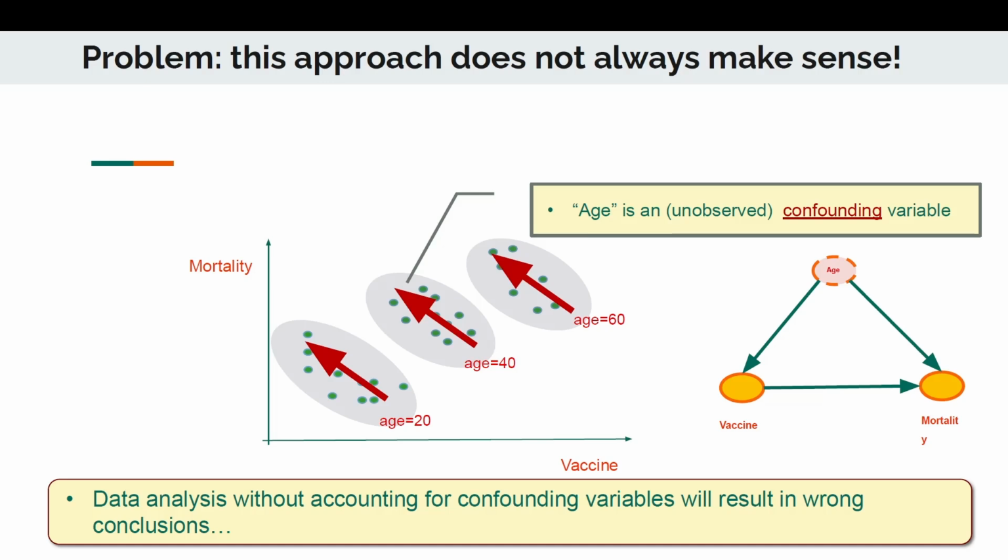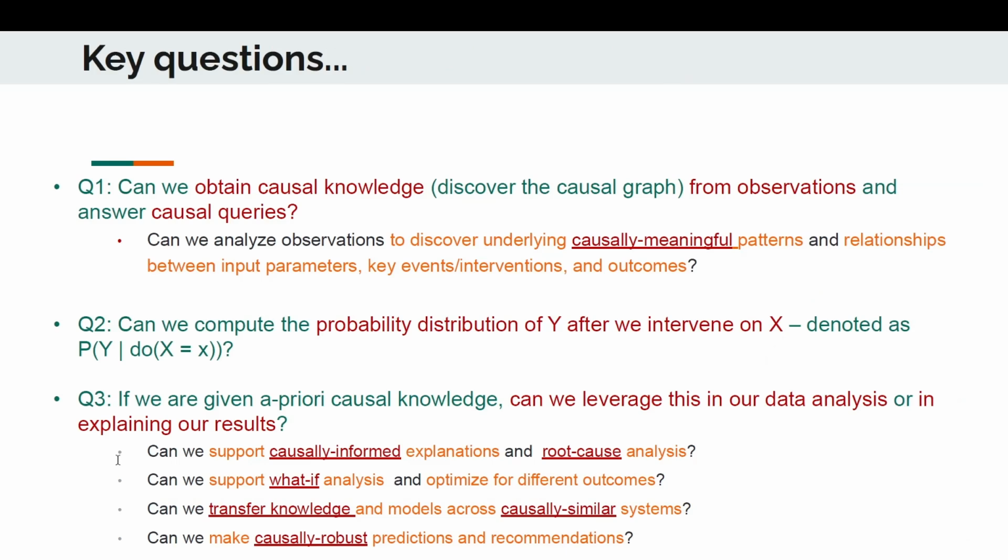Here, we can see that vaccination actually decreases the chances of mortality. Or in causality terms, we call age a confounding variable that affects both mortality and vaccine. If we do not account for the confounding variables, we risk making wrong conclusions. And that is the part where the regular approaches fall short.